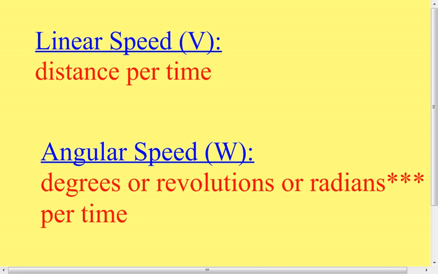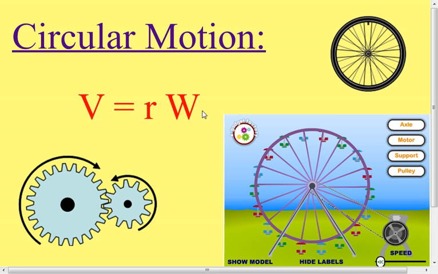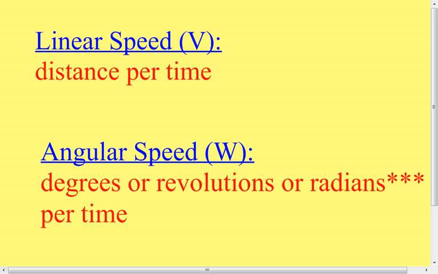You're always going to use this formula, V equals RW, and you will always know two of the three parts, but it won't directly tell you which parts you have. Once you get that deciphered, that's kind of the worst part of it. And when you can figure out whether you have the linear speed or the angular speed, it will make it easier, okay? So we're going to do two problems. These take just a little bit because I'm going to go nice and slow and hope that you understand them.